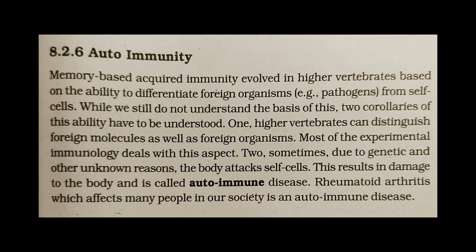Most of the experimental immunology deals with this aspect. Two, sometimes, due to genetic and other unknown reasons, the body attacks self cells. This results in damage to the body and is called autoimmune disease. Rheumatoid arthritis, which affects many people in our society, is an autoimmune disease.